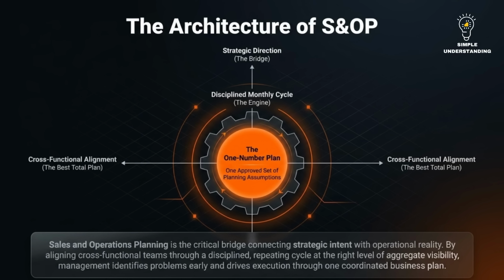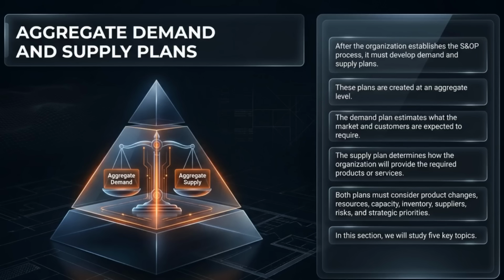Reliable inputs, clearly documented assumptions, and management decisions should produce one authorized plan for demand, supply, inventory, capacity, finance, and risk. With the S&OP purpose and process established, we can now move to Section B and develop the aggregate demand and supply plans. Section B. Aggregate Demand and Supply Plans.